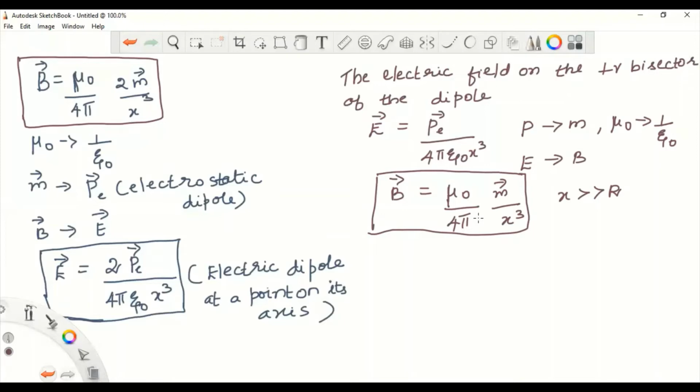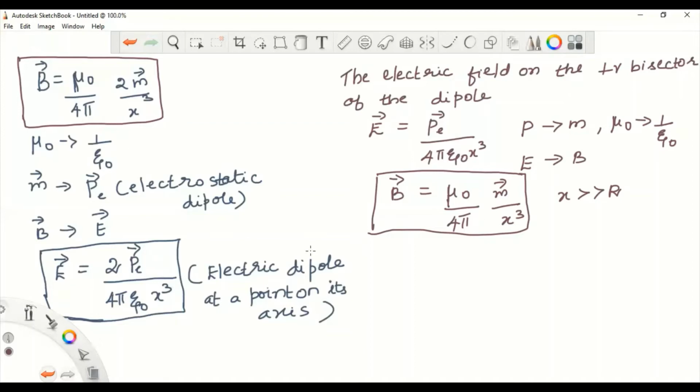Now we are going to conclude two things here, very, very important ones. What is that? Actually, the current loop which produces a magnetic field behaves like a magnetic dipole at large distances, whatever we discussed now. And it is subject to torque like a magnetic needle. Actually, this led Ampere to suggest that all magnetism is due to circulating currents.